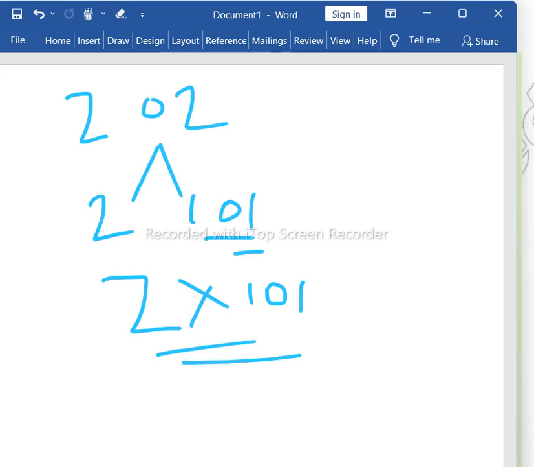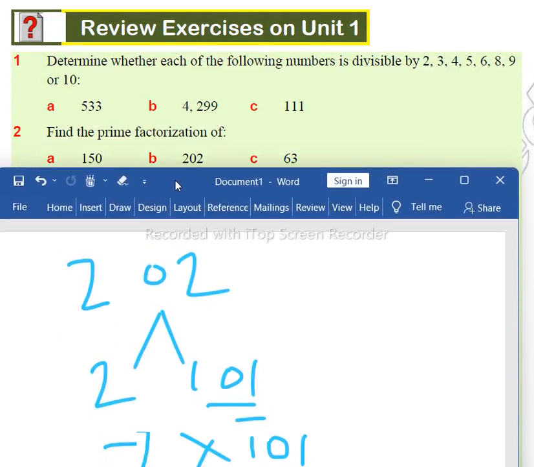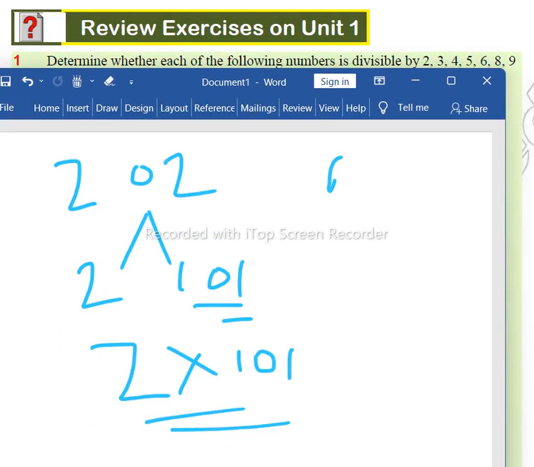Again, we can do the next question, 63. Let us divide this number. The first prime number is 2, but 63 is not divisible by 2. So we move to the next prime, 3. 63 divided by 3 is 21.